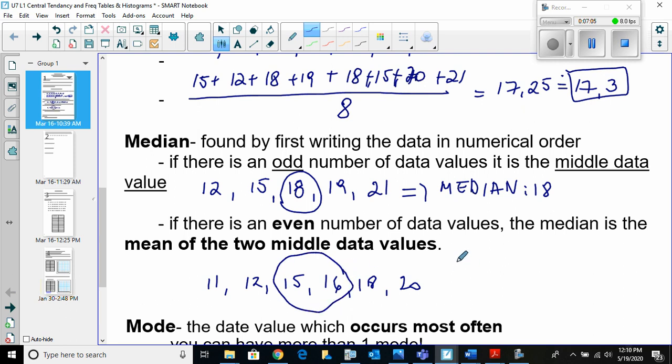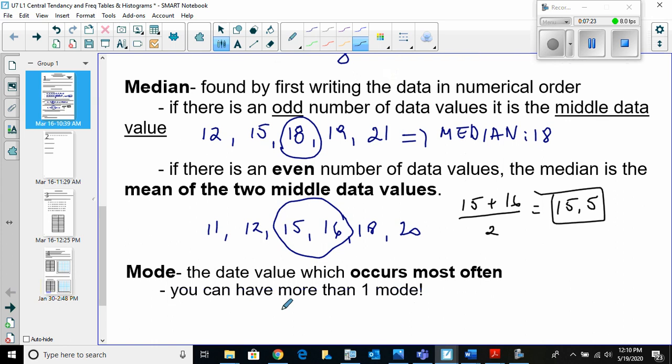So the mean of 15 and 16 will be 15 plus 16 divided by 2, which is 15.5, and this is the median of this data collection.